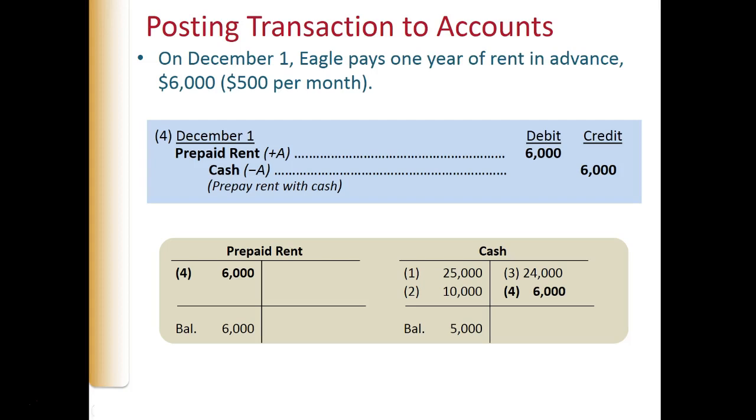Prepaid rent. On December 1st, Eagle pays 1 year of rent in advance, $6,000, $500 per month. What happens? Our asset called prepaid rent increases, and our credit of cash decreases $6,000. Okay?